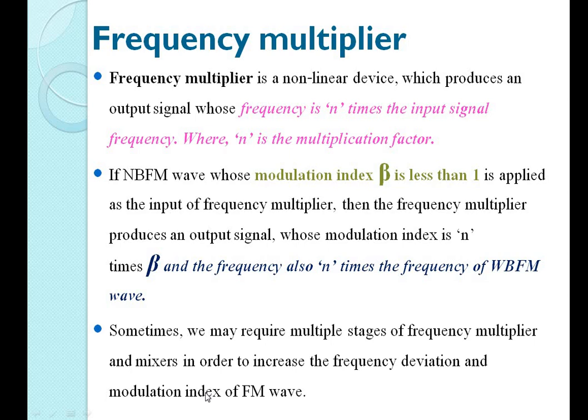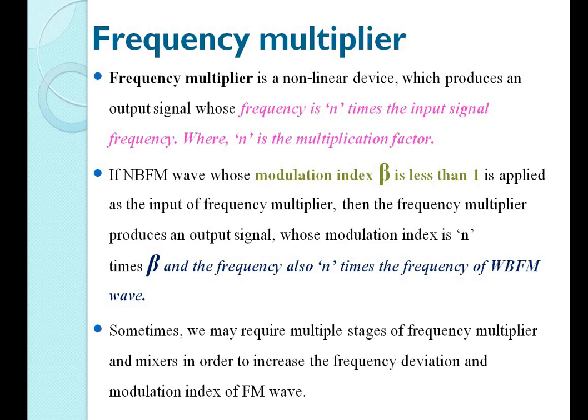Sometimes you require multiple stages of frequency multipliers and mixers in order to increase the frequency deviation and the modulation index of your FM wave. Why are we saying this last sentence? Because if you are using one multiplier, we may not get the increased modulation index.